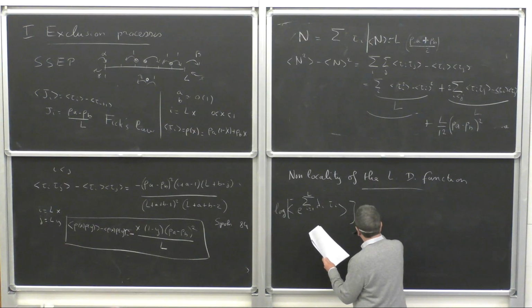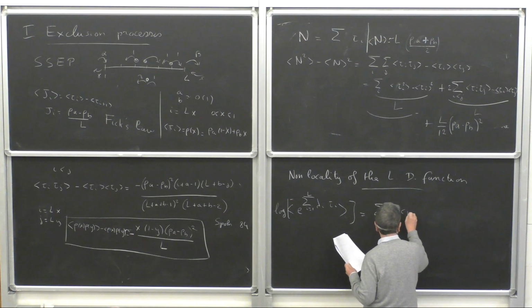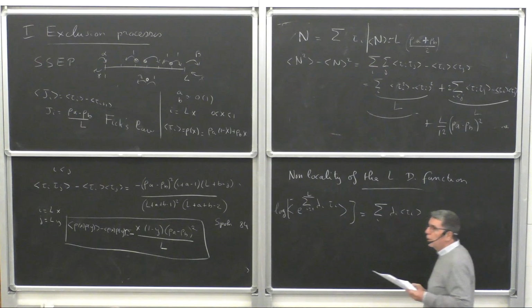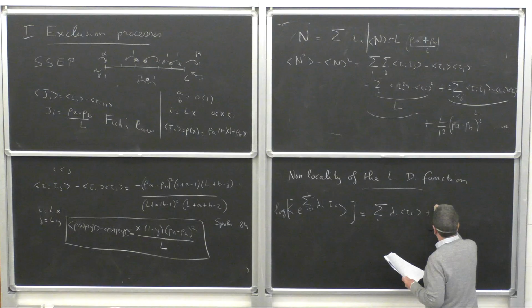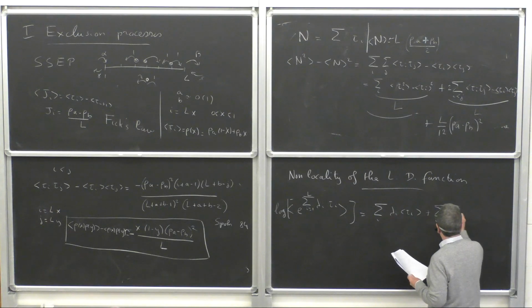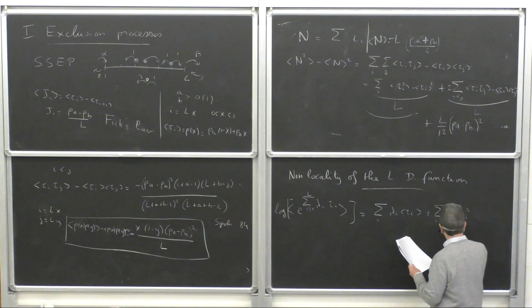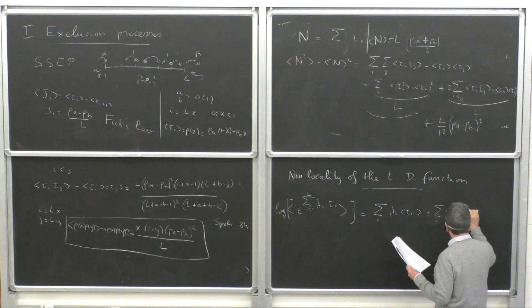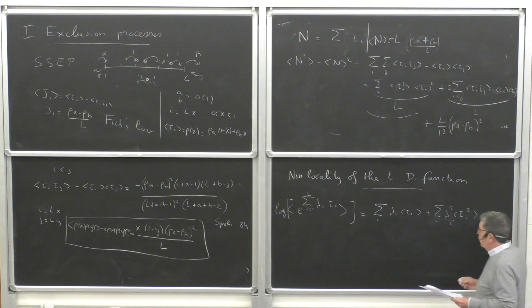If I take the log, I get the sum over i of lambda_i tau_i, since all the lambdas are small, plus the sum over i of lambda_i squared tau_i squared, or tau_i, it is the same because tau_i is a variable which takes only the value 0 or 1.